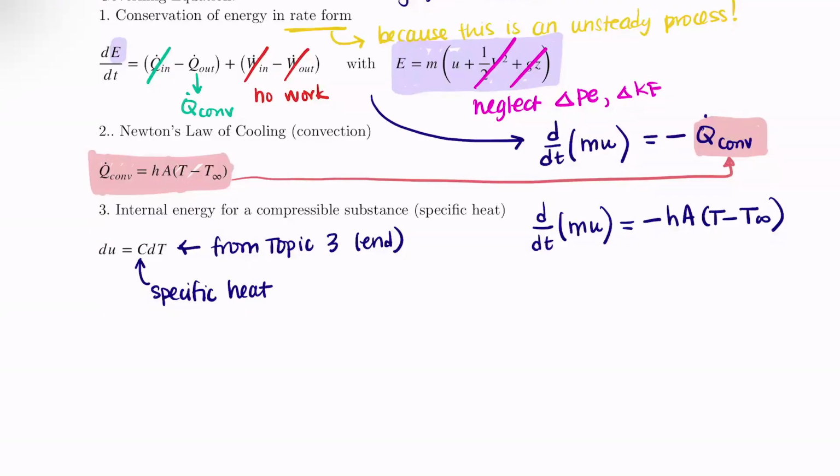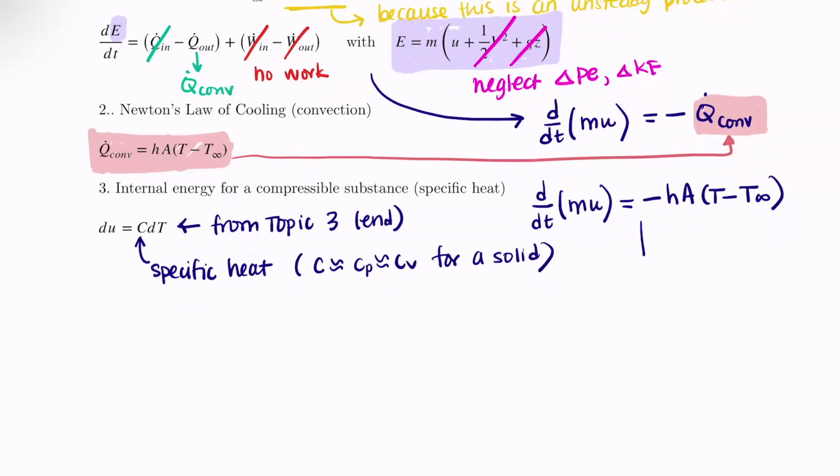Just to remind you, C is equal to Cp, which is equal to Cv for a solid. Again, nothing new here. But we can use this expression in our governing equation.